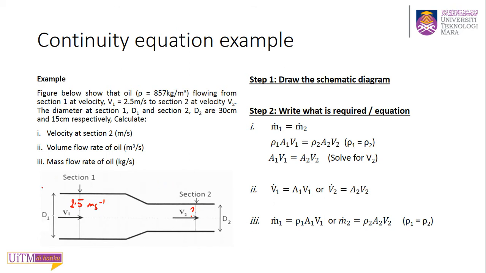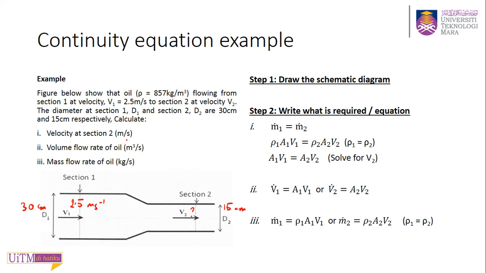The diameter at section 1, D1, and section 2, D2, they give you the numbers: here 30 centimeter and here 15 centimeter. They ask you to calculate the velocity at section 2, V2, that's the first one.